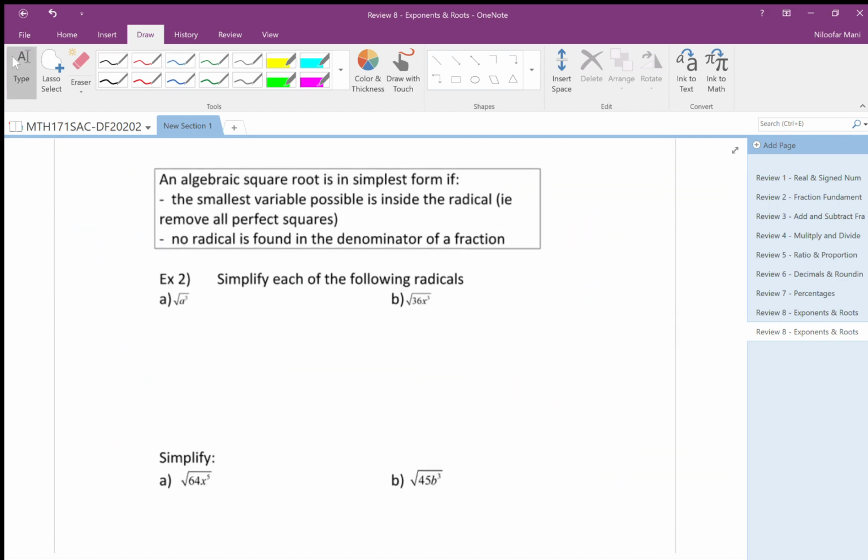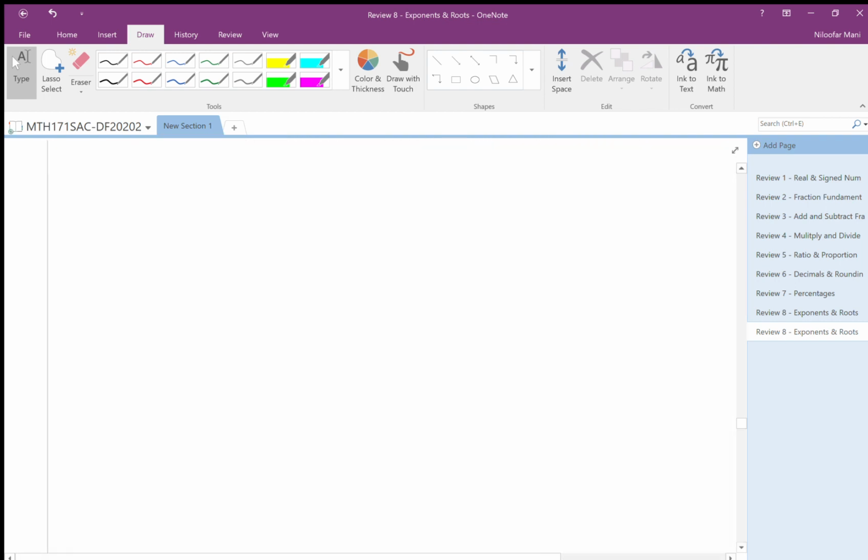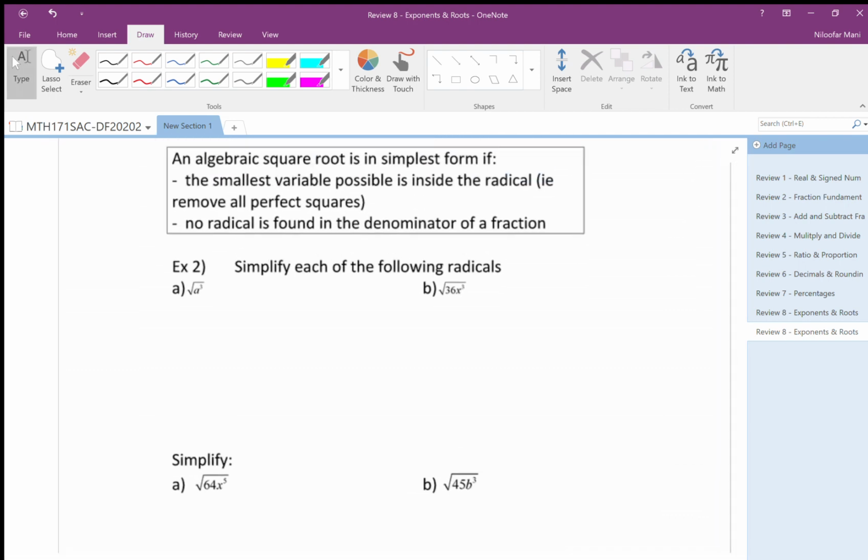So, how about if instead of just numbers, I have variables? For example, a, x. It doesn't matter, it's the same thing. But here I have to say a and b are positive. I have to say that, otherwise it will be negative under the radical, and so I would say there is no answer.